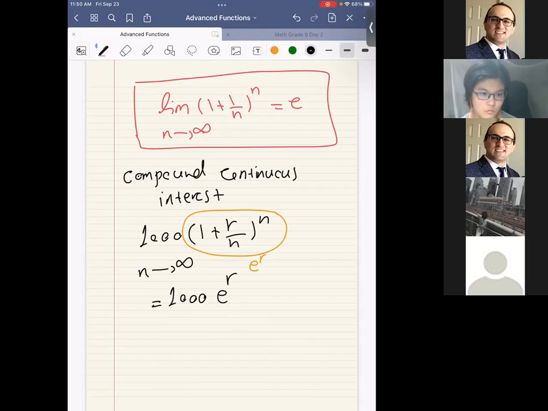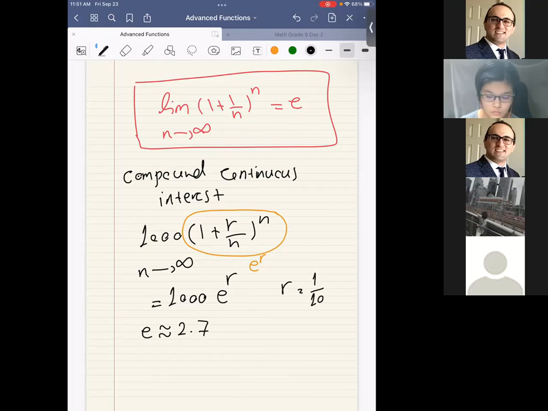What is the number e? It's 2.71. Imagine that it's 2.7. So I want to compute this. E is something close to 2.7. Just use your calculator, plug in e equal to 2.7, and r is the interest, like r is 1 over 10.